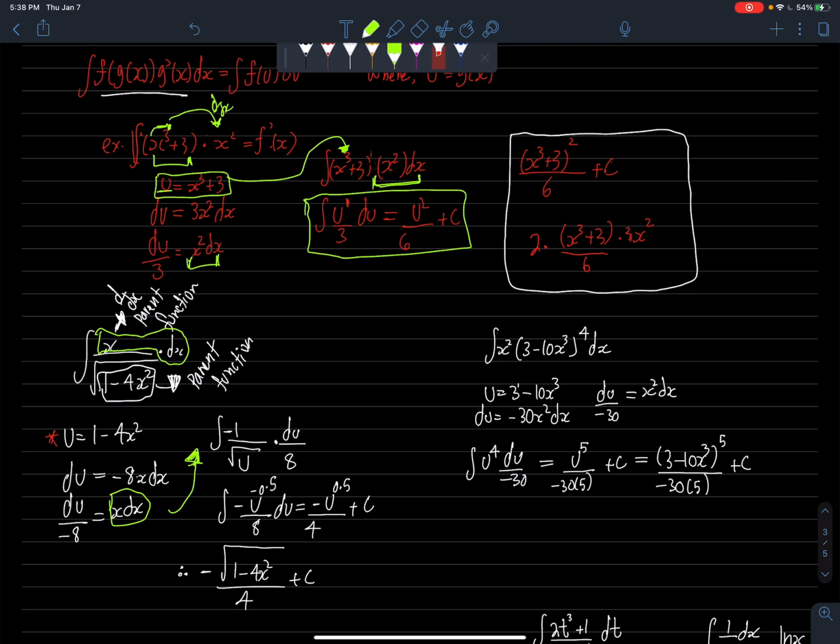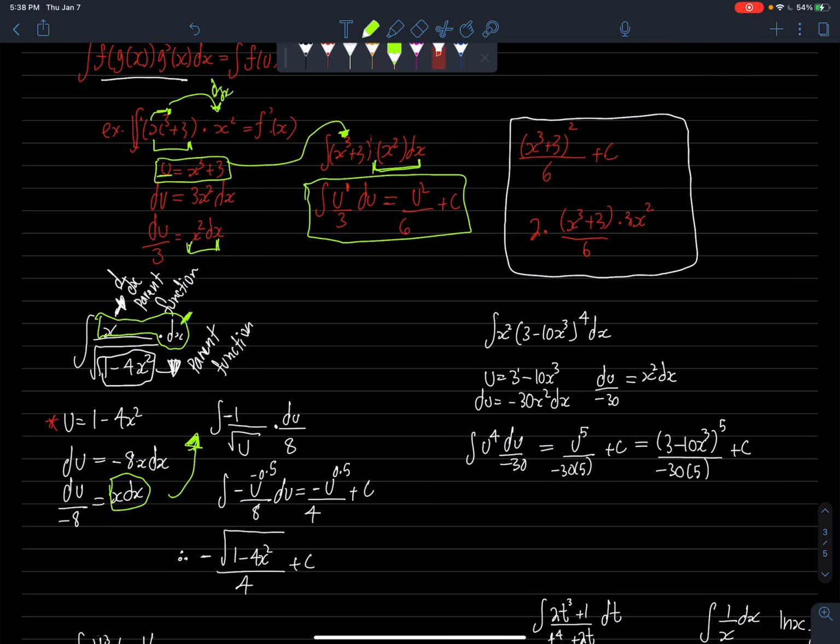So we'll replace this green term, right? So you're going to get -1 over u, and the -1 comes from this -8. So you just move the negative to make it easier. That's it. Over root u, because we replaced 1 minus 4x squared by u, and then we substitute the x dx, which is what you get there.